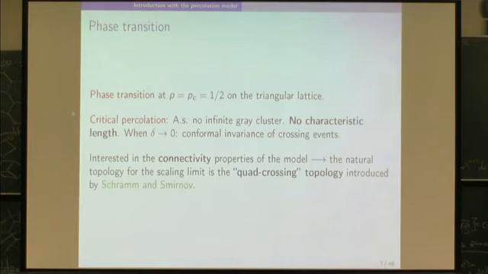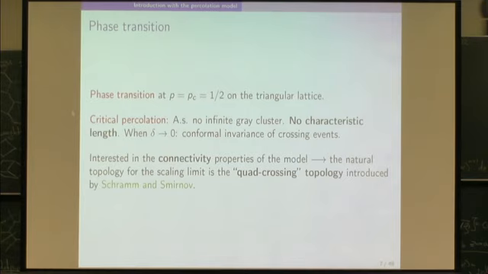And when p is greater than 1/2, on the other hand, you have an infinite unique gray cluster, and the gray clusters that do not belong to this infinite gray cluster are also of microscopic size. And what is the most interesting case is where p is exactly equal to 1/2, and then almost surely you have no infinite gray cluster.